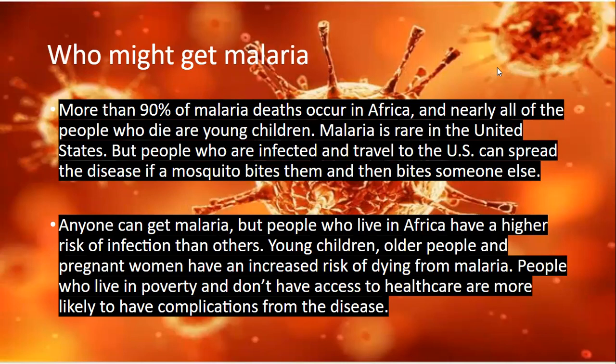In the United States, it's pretty rare. The reason is simple, because you need the mosquito to exist. It doesn't exist in the Americas because it's cold and not humid, but in Africa it is hot, humid, and there is a lot of water where the mosquitoes can breed. Therefore it exists in Africa, but not in the United States.